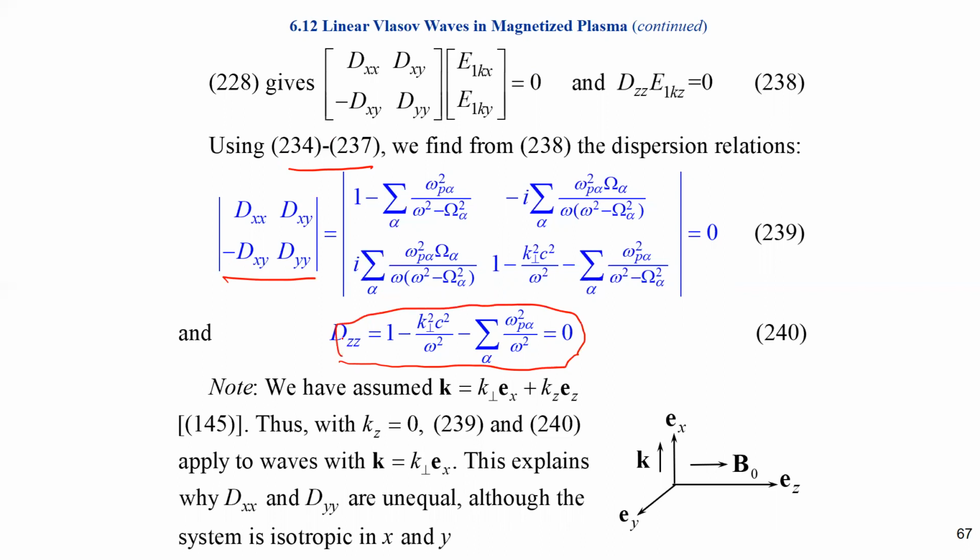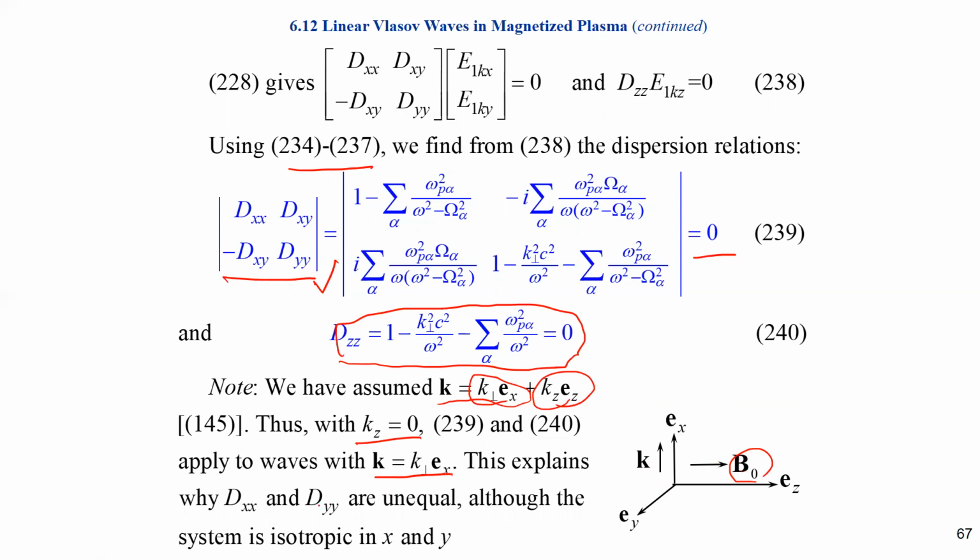Dzz is shown here, and the others are shown here. This determinant is 0. Note that we have assumed k is in kx, and kz equals 0. So k just propagates in the x direction, and the magnetic field is in the z direction. The wave is perpendicular to the zero order magnetic field.